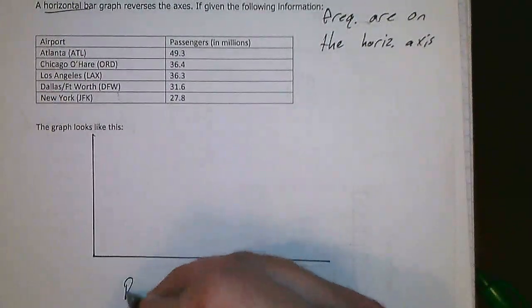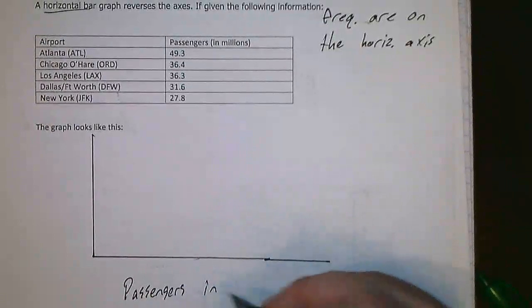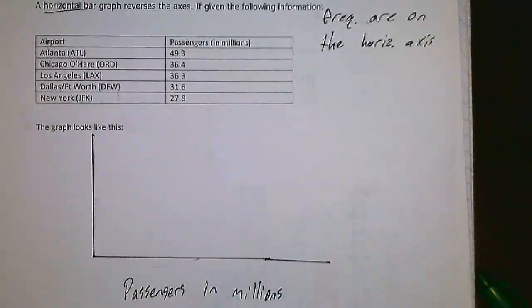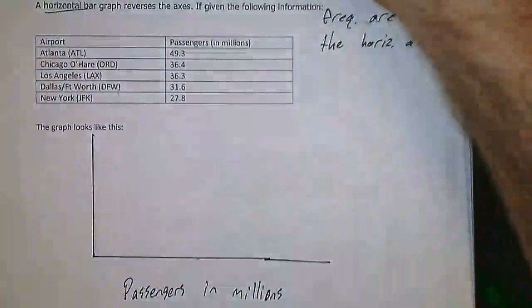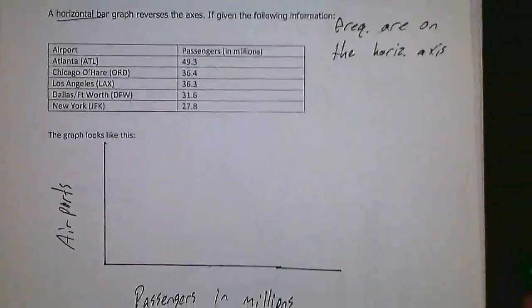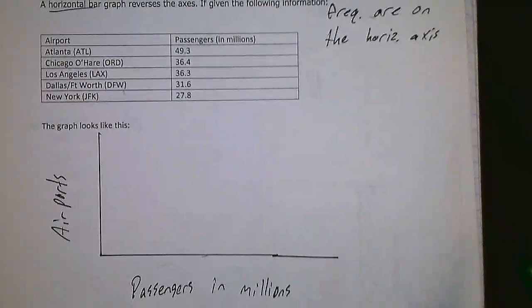So these are the passengers in millions. And then here we have the airports. So now our descriptive axis is going up and down, and our frequencies are going side to side.